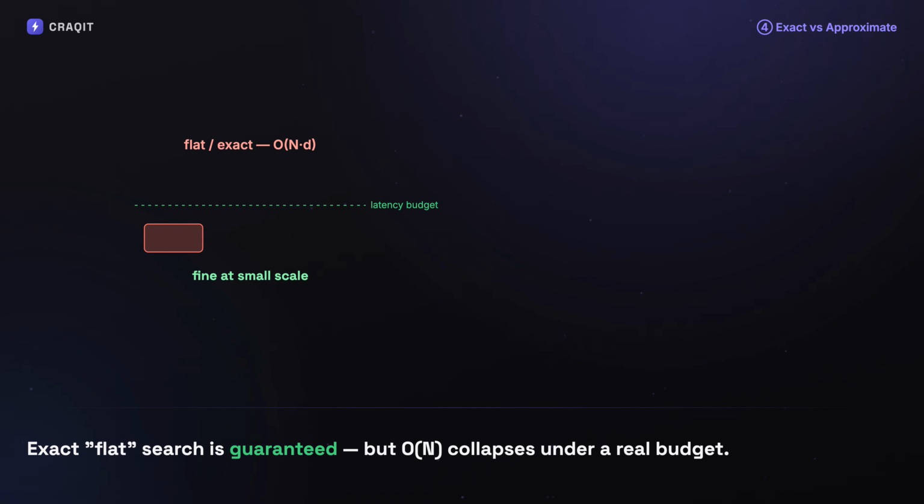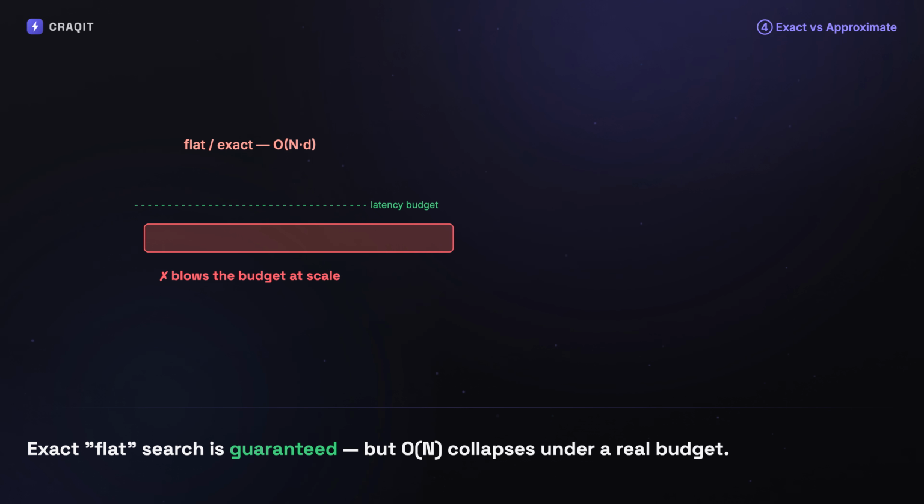At small scale, tens of thousands of vectors, a brute force flat index is correct, simple, and fast enough, and you should not over-engineer past it. But at 10 million, 100 million, a billion, that linear scan collapses under any real latency budget.